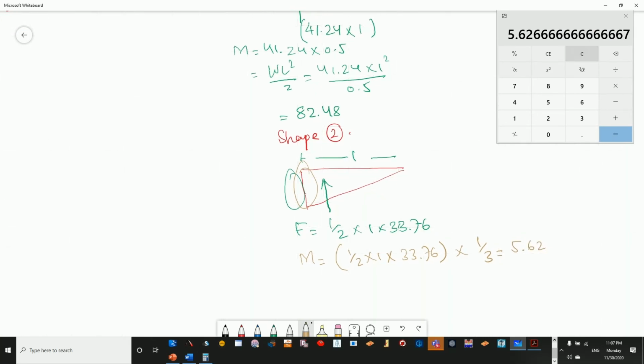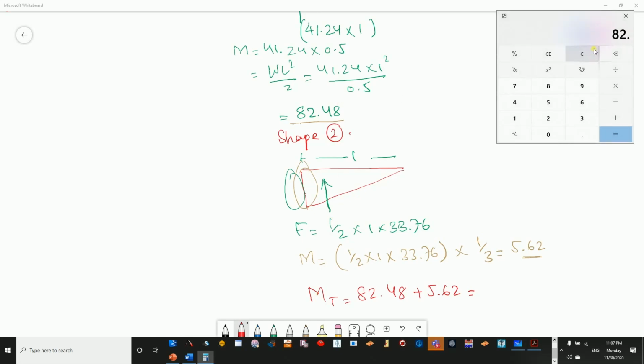Okay, so if we add the moment of shape number 1 and the moment of shape number 2, we have M total as 5.48 plus 5.62, so 82.48 plus 5.62, this is 88.1.